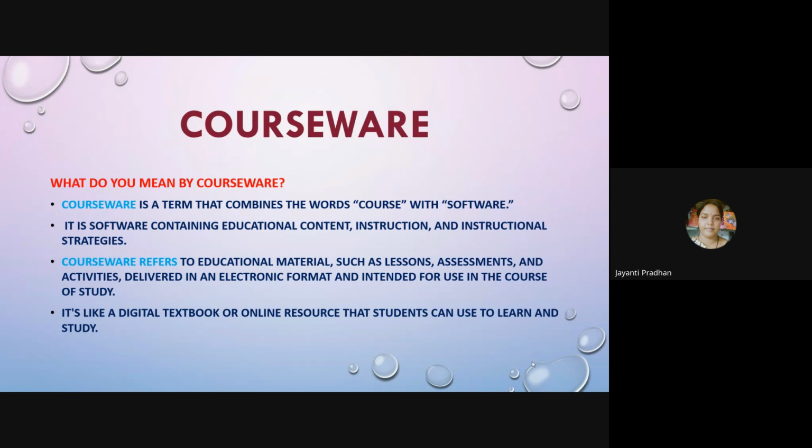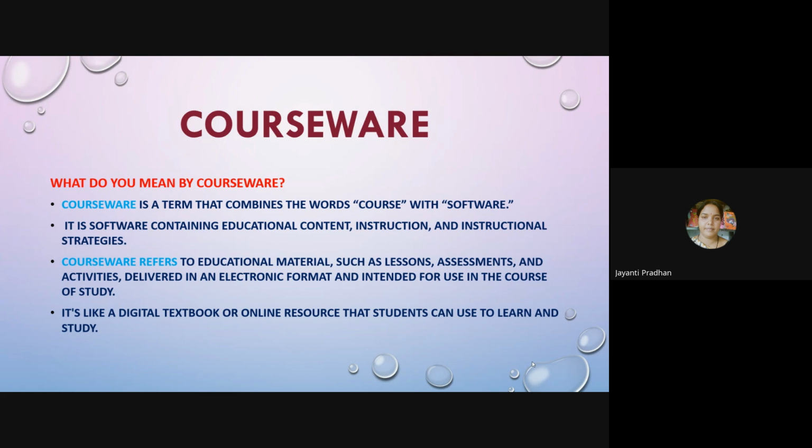So in sum, it is educational material, which can be a lesson, assessment or activities, that is mostly delivered in an electronic format and intended for use in a course of study. Whatever course is planned is meant for delivery through an electronic format.